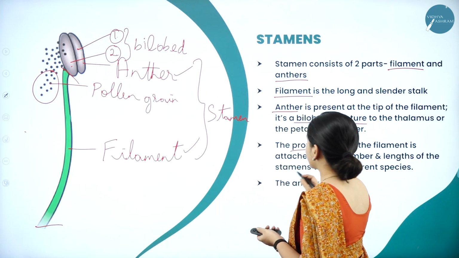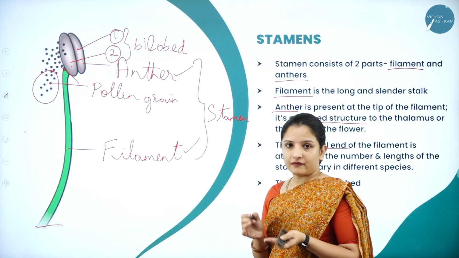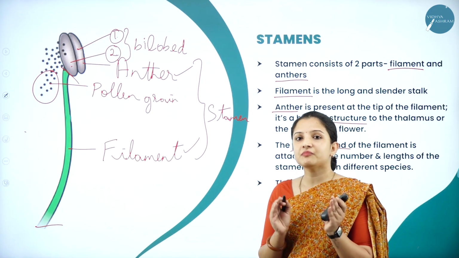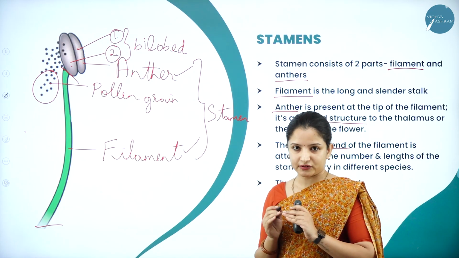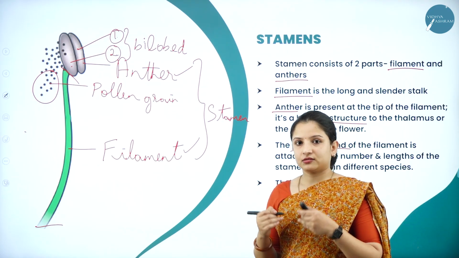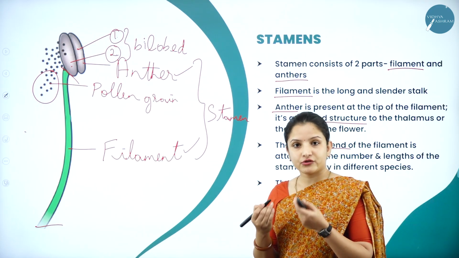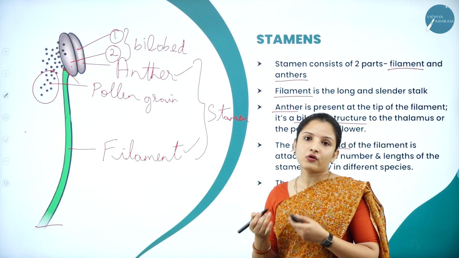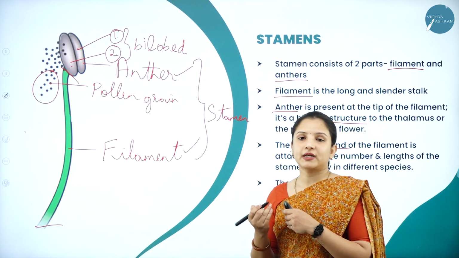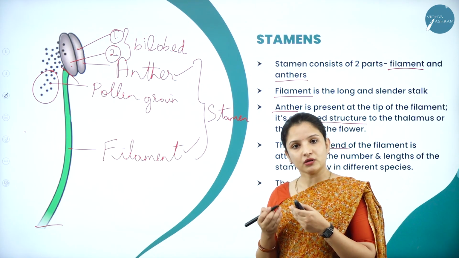And also you can see that in different species of flowers, say for example, you keep 10 different species of flowers on a table and you start to observe the anthers. Some flowers may have only 2 anthers, some may have 4, some may have 6, 8. Like this, the number of anthers present in a species of flower keeps on varying.